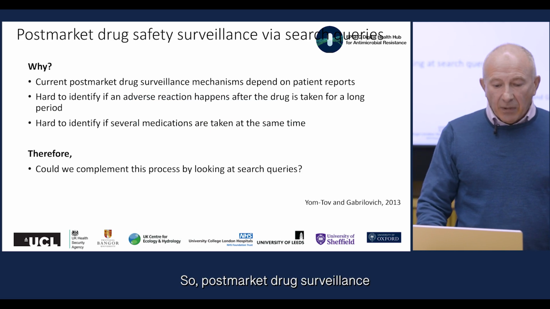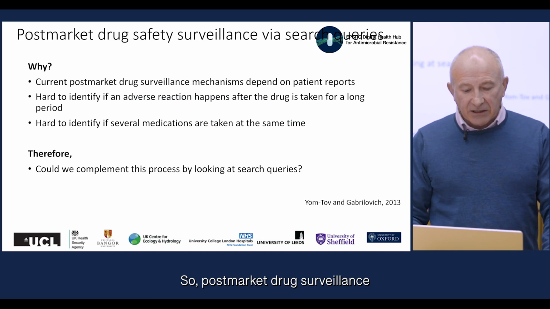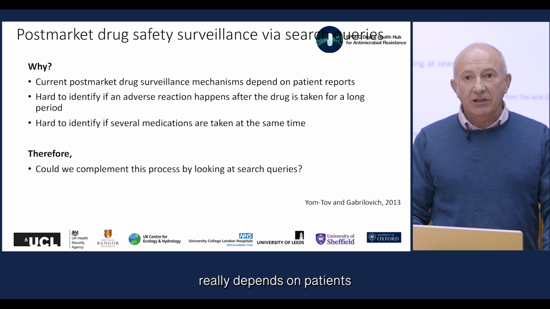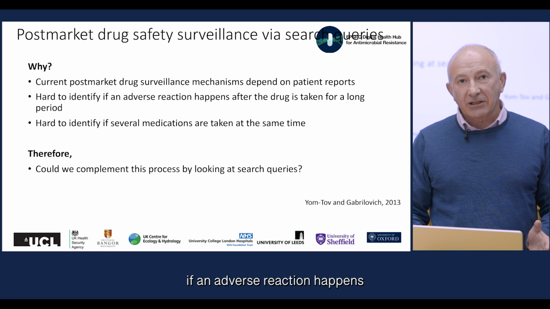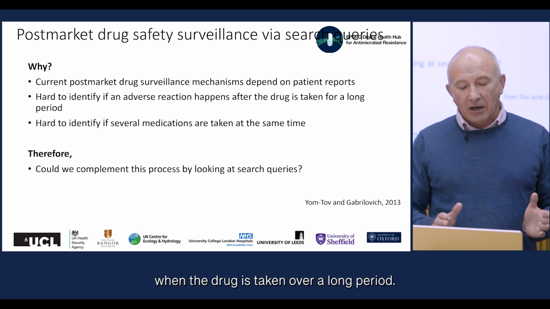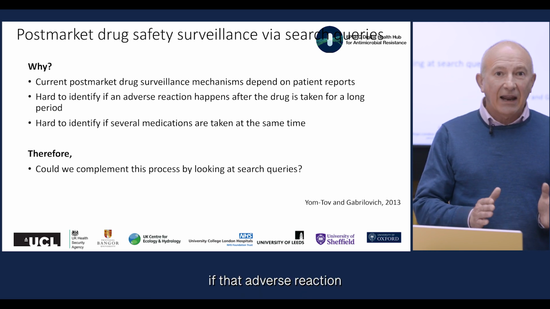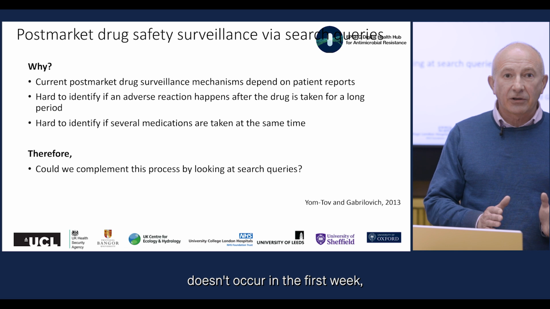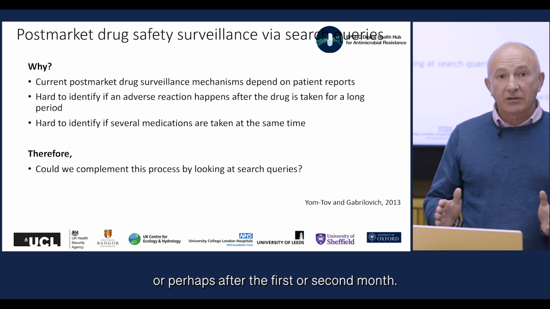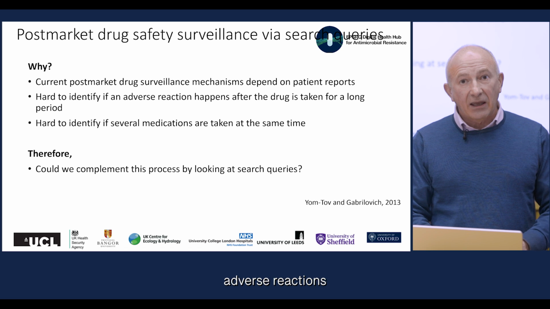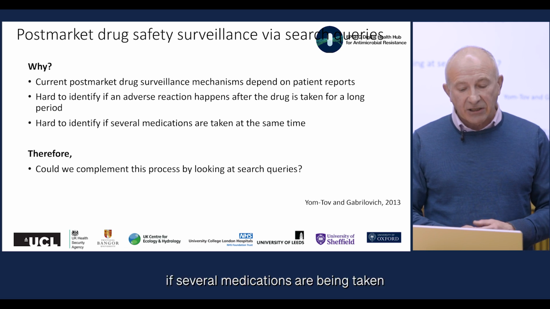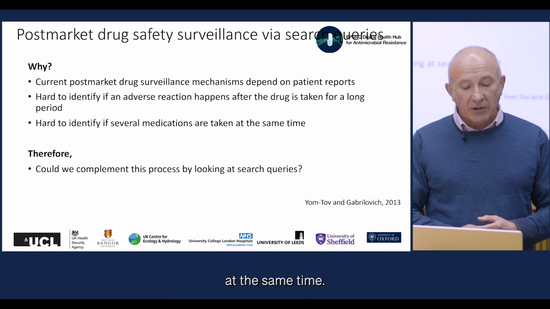So post-drug market surveillance really depends on patients reporting symptoms. And it's hard to identify if an adverse reaction happens when the drug is taken over a long period. In other words, if that adverse reaction doesn't occur in the first week, but perhaps after the first or second month. And it's also hard to identify adverse reactions if several medications are being taken at the same time.